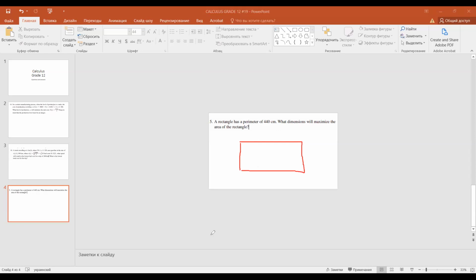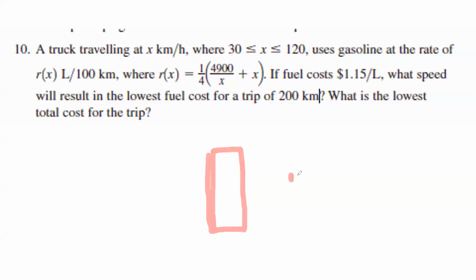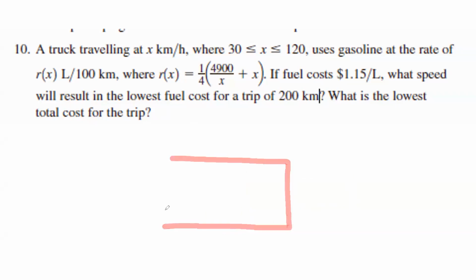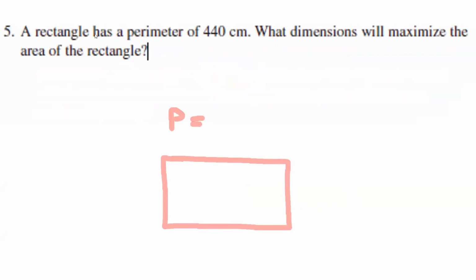It could be a rectangle like this, or like this. Let's say my rectangle looks like this. I'm given that my perimeter equals 440 centimeters.